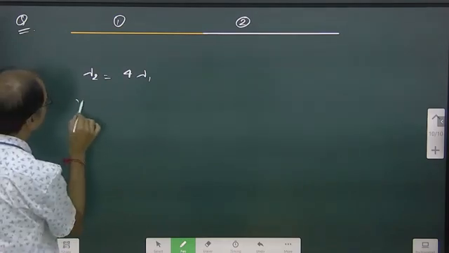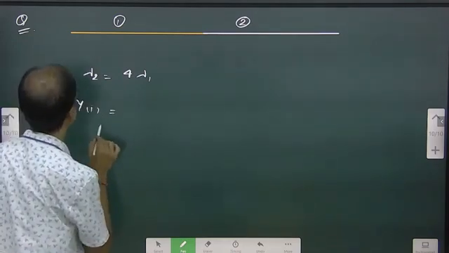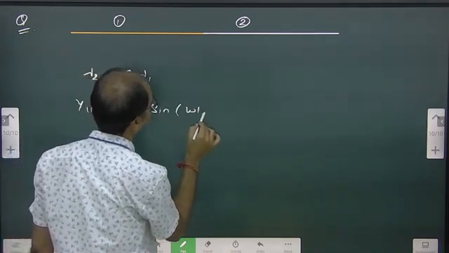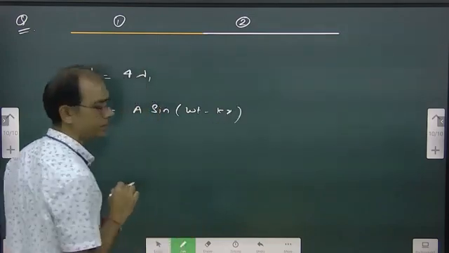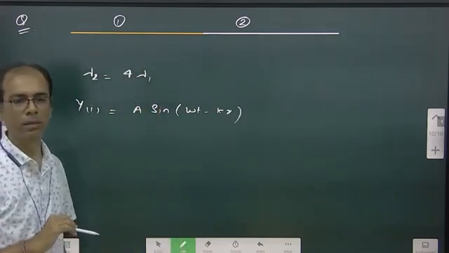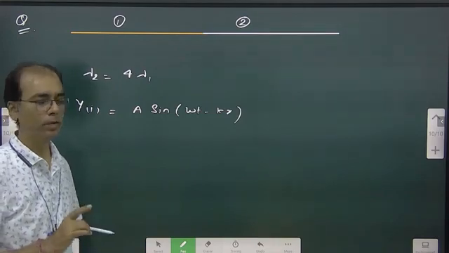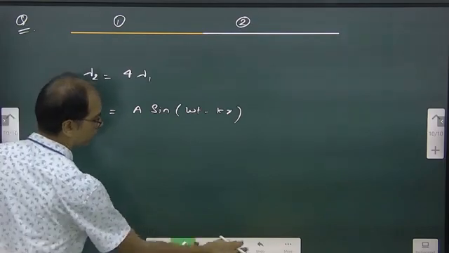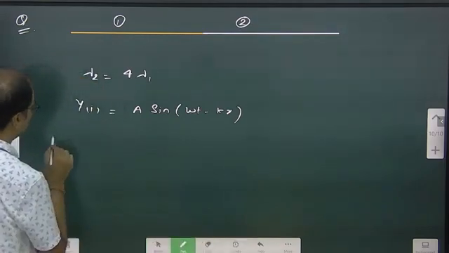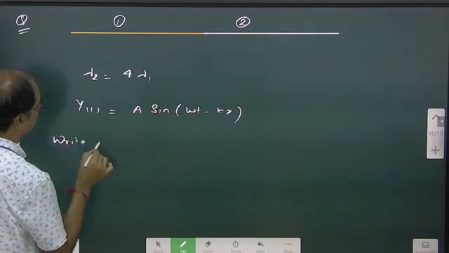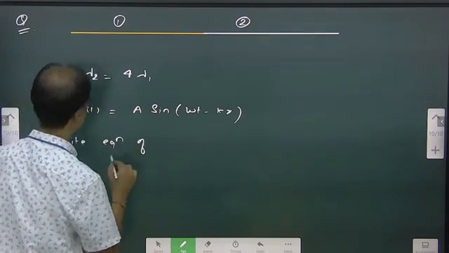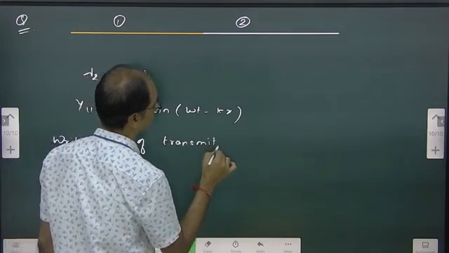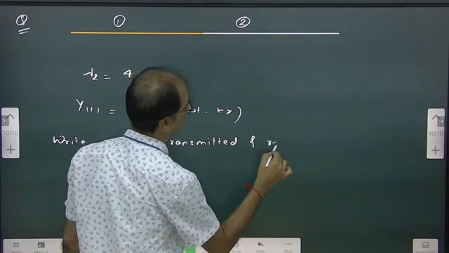So incident wave, I am making as A sine(omega t minus kx). This is my incident wave. Okay. Now what you have to do? You have to write equations of transmitted and reflected wave pulse.